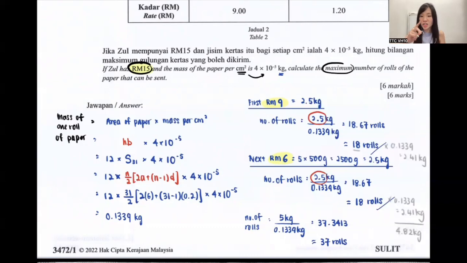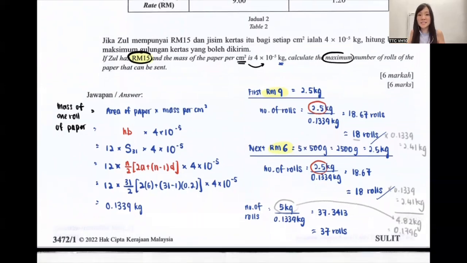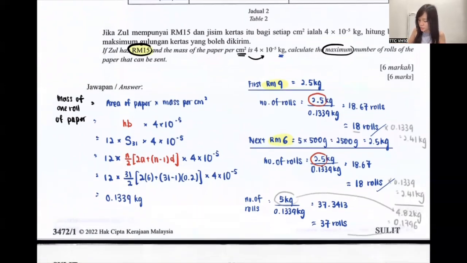Correct, my dear? Actually I can use 5 kg, so 5 kg minus 4.82, I still have 0.1796 kg. And 0.1796 kg can still fit one more 0.1339 kg. So in total, I can fit in 37 rows. So the answer, you put therefore, 37 rows. Done.